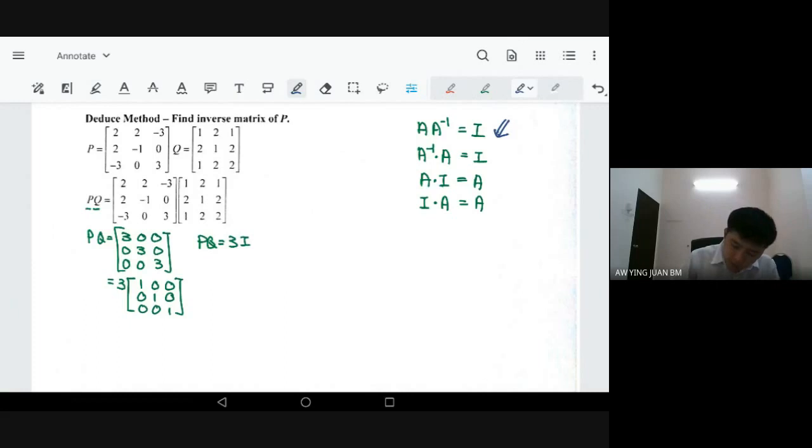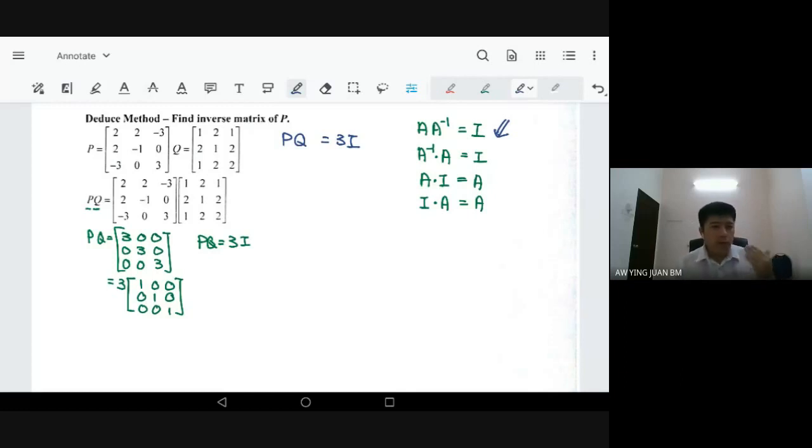Given PQ is equal to 3I, kindly take note that matrices are very sensitive to order. So AB is not equal to BA. Same for this part: matrix P multiplied with the matrix Q, the answer will be different from matrix Q multiplied with the matrix P. So order is important.